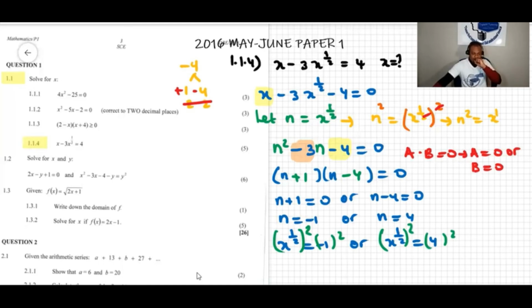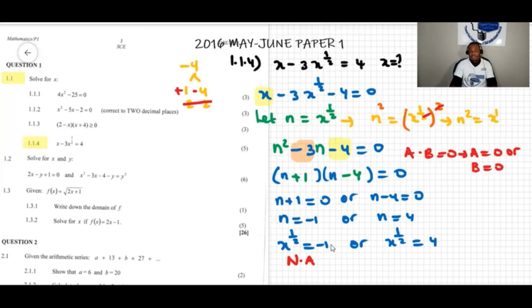Okay, before I do that, I was about to miss something here. x to the power of a half equal to negative 1, this part here is not applicable, because it cannot generate negative numbers regardless of the value of x.